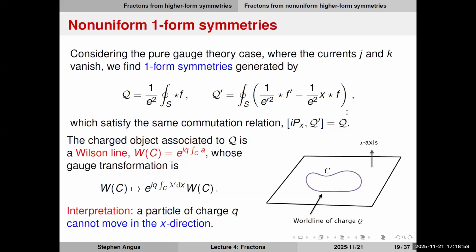Right, and as we established for one-form symmetries, the charged object is a Wilson line. In particular for this Q, the Wilson line you write down is e to the i Q times the integral over some closed curve or infinite line of this gauge field little a.